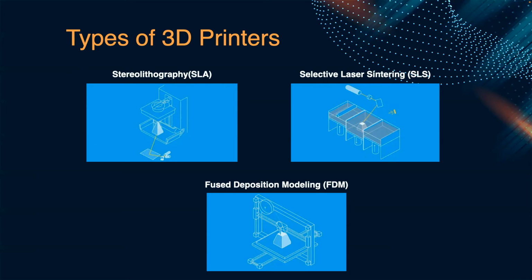Coming on to stereolithography, SLA 3D printers use a laser to cure liquid resin into hardened plastic in a process called photopolymerization. Resin 3D printing is a great option for highly detailed prototypes requiring tight tolerances and smooth shapes, such as molds, patterns, and functional parts. SLA 3D printers are widely used in a range of industries from engineering and product design to manufacturing, dentistry, jewelry, model making, and education.